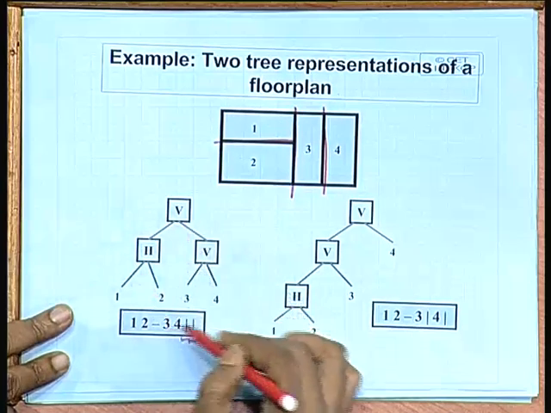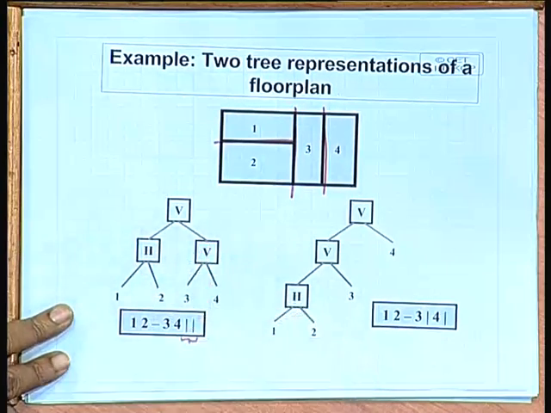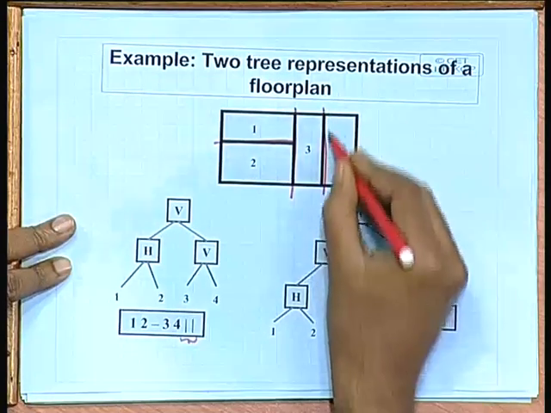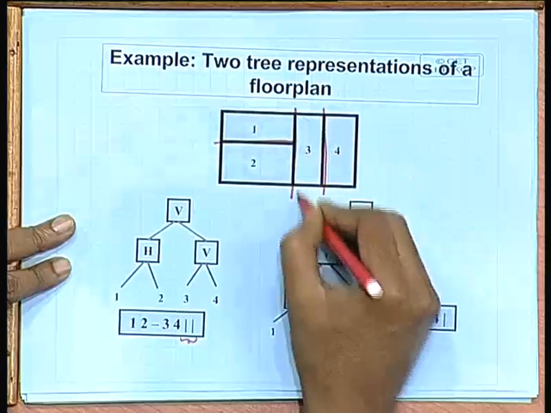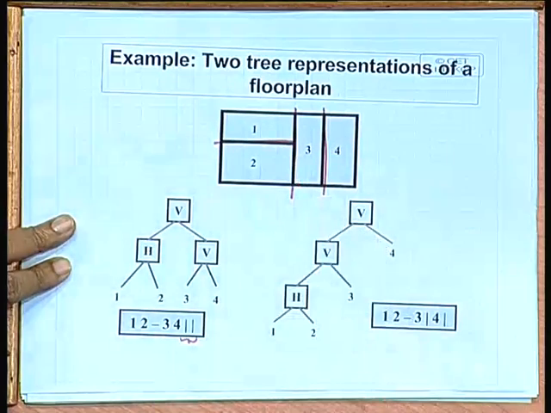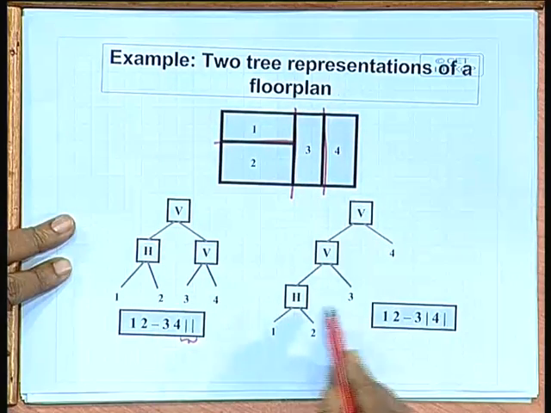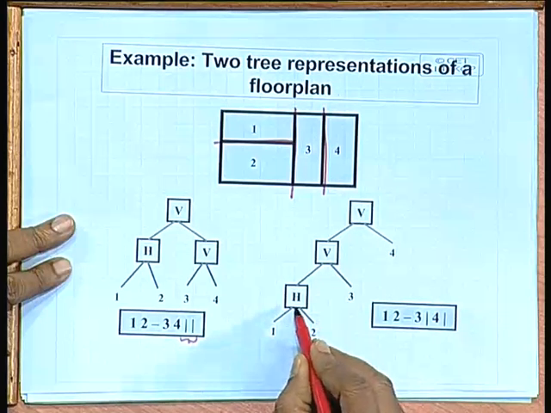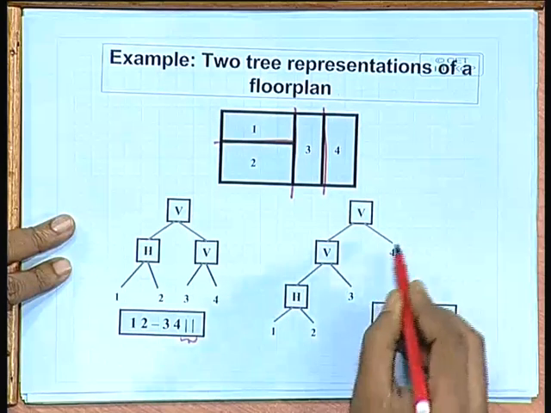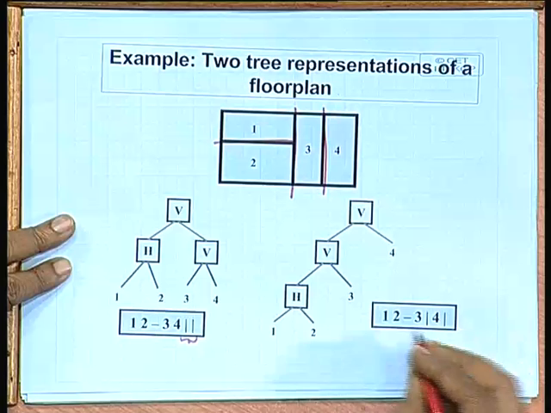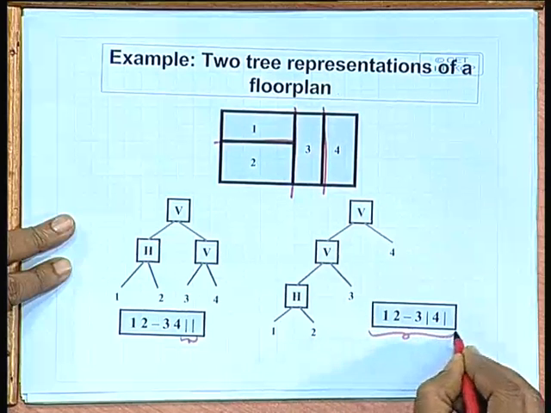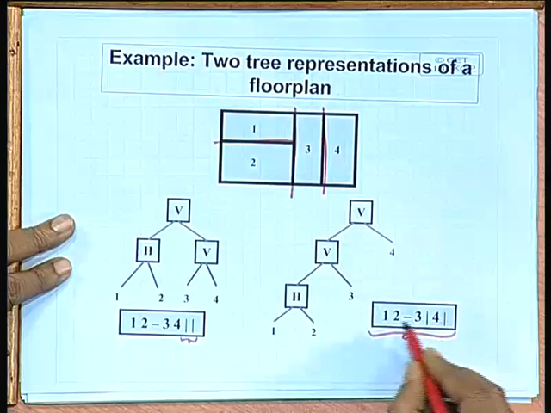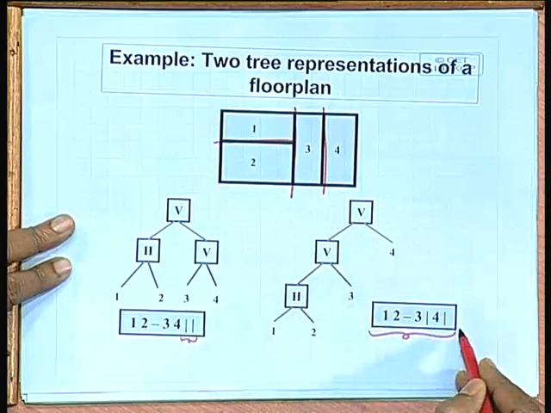So, this is not a normalized representation, but in the other one you start with this slice first, cut this, then cut this, then cut this. So, here you will have 1, 2 horizontal, 3 vertical, 4 vertical. So, you look at this expression, you will find that there are no consecutive V or H operators.